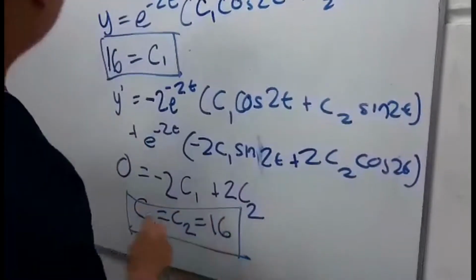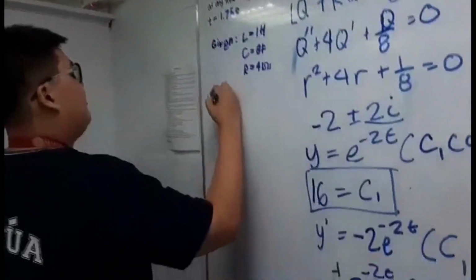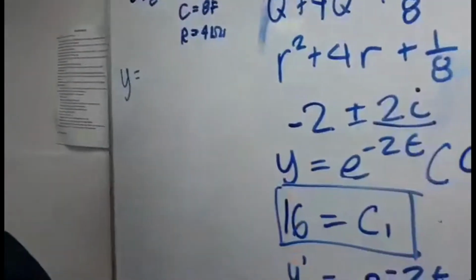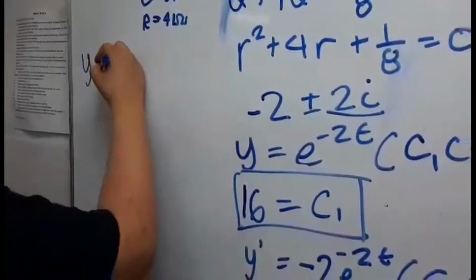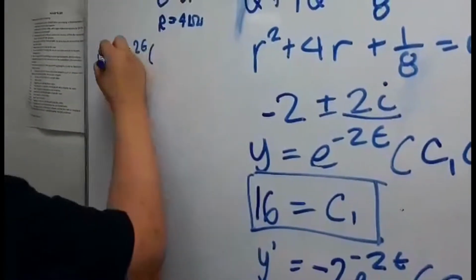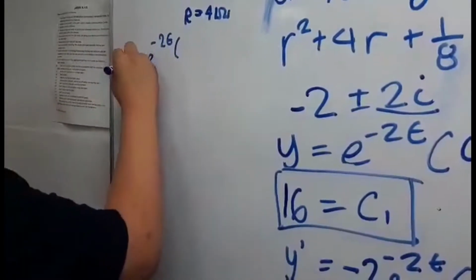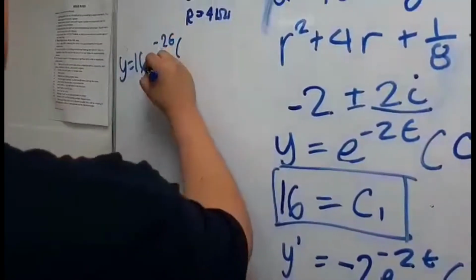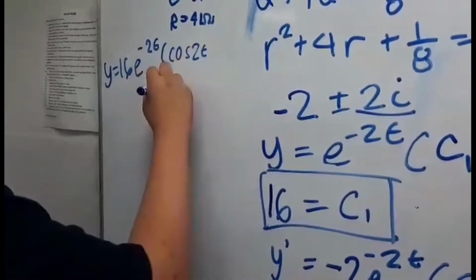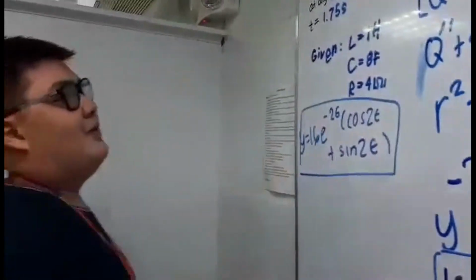Having found all the constants, we can write the general solution as y is equal to e to the negative 2t. We can factor out 16 to make our lives easier: 16 e to the negative 2t times cosine of 2t plus sine 2t. This is the answer for the first problem.